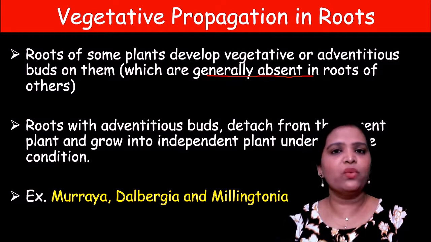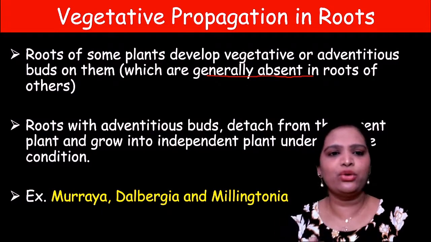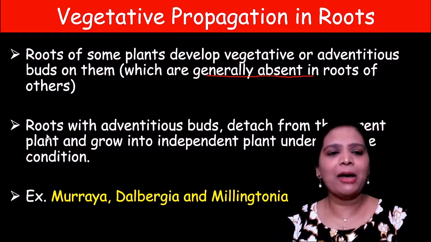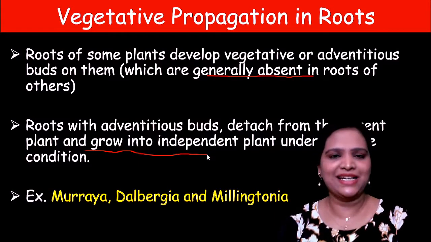Only some plants which reproduce asexually, that too with a modification in their root, have these adventitious buds on their root system. So what will happen? The roots with the adventitious bud detach from the parent plant and they grow into an independent plant under suitable condition.